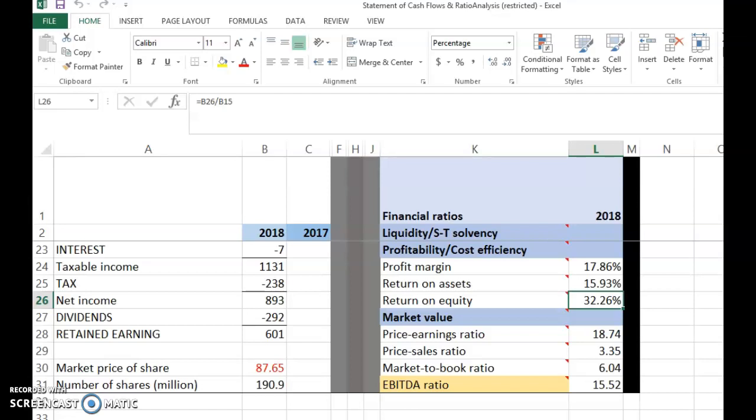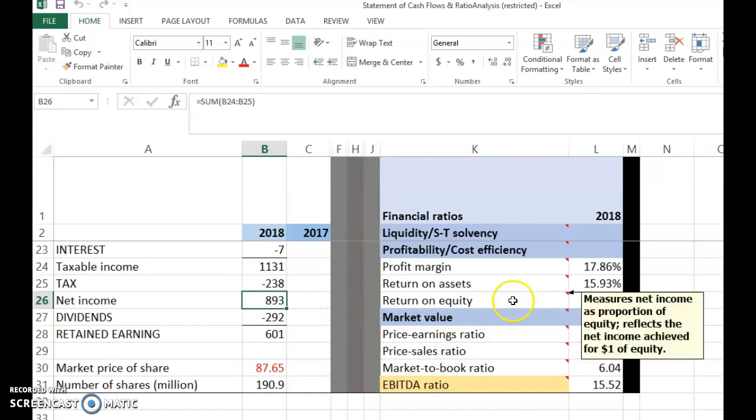So for every $1 of investment made by the shareholders, which is the equity, they make 32 cents. For every $1, they make a profit of 32 cents, because this net income is attributable wholly to the shareholders. That's how you interpret this ratio.